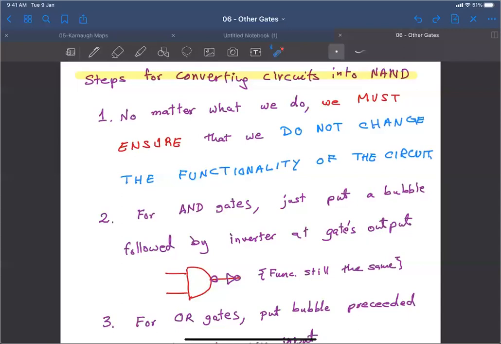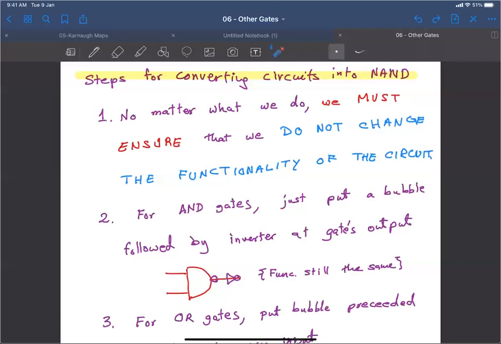So if you add an inverter, then you need to cancel it somehow so that you maintain the same functionality. If you add an inverter without canceling it, then the function of the circuit will change. So this is the most important step. Whenever you do something to the circuit, you must cancel it somehow. This is step number one.